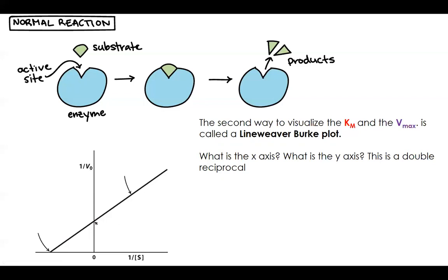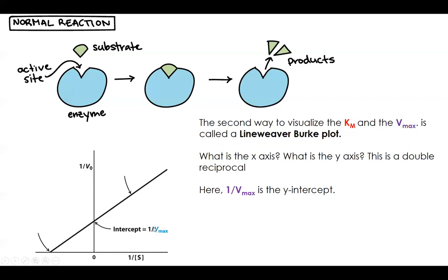So why does this make it easier? Having a line always makes it easier because the equations are easy to get and you can really get exact values. So in our Lineweaver-Burk plot, the y-intercept is always 1 over the Vmax.